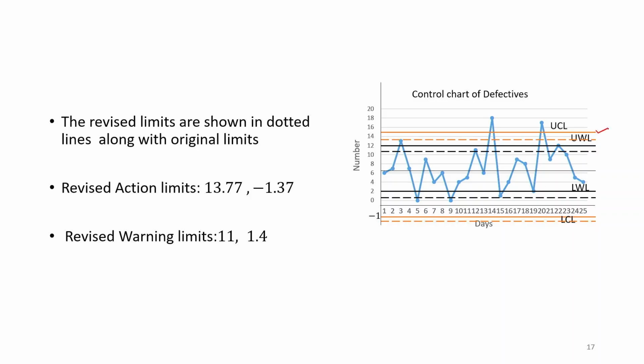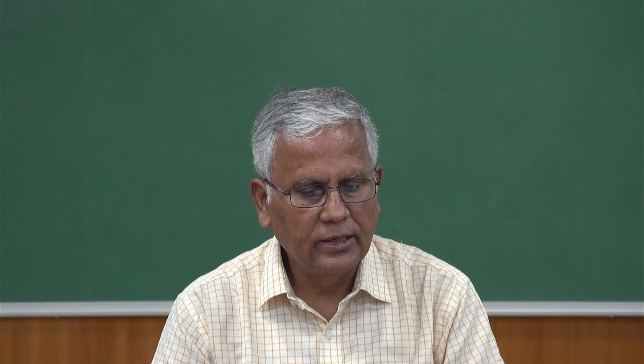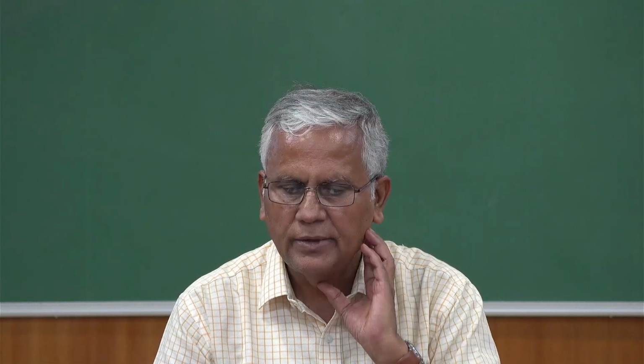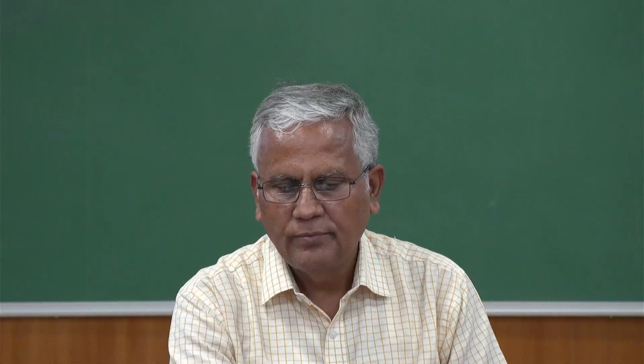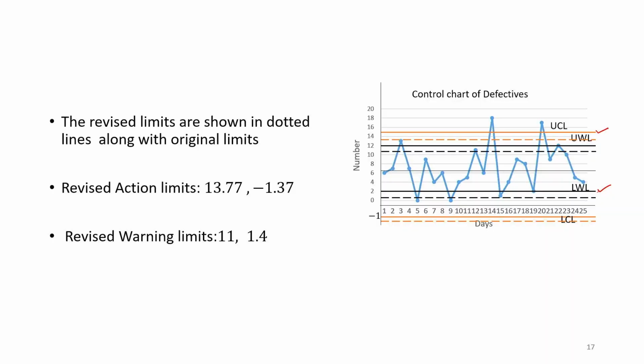The firm lines indicate the UCL and LCL values which were there earlier, but now we are going for revised values of warning limit and action limits, and they are shown by these hatched lines.